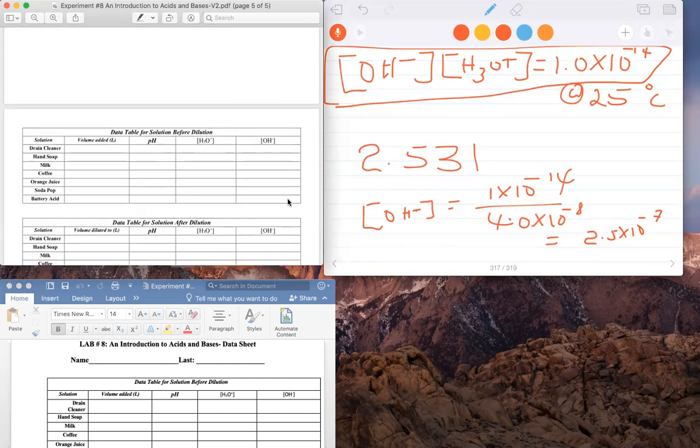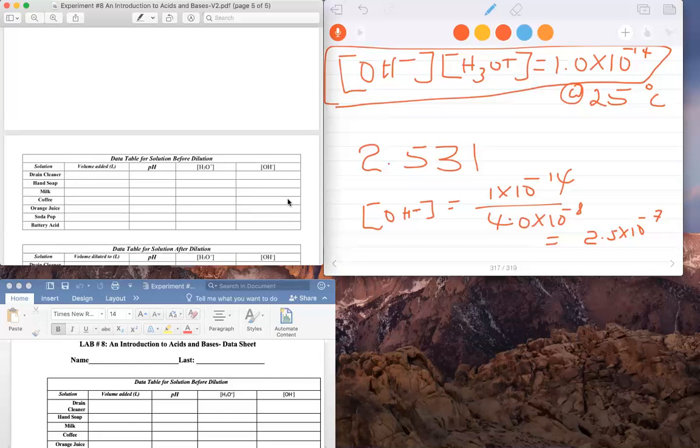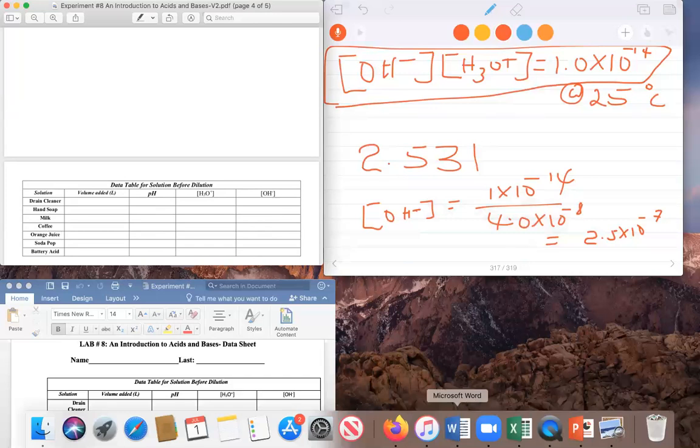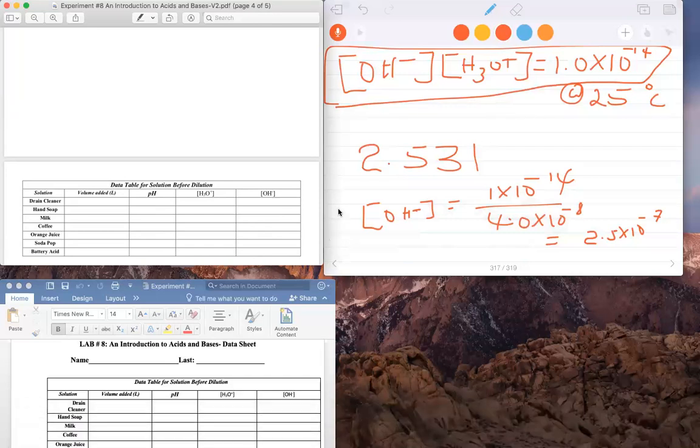You can attach any extra sheet of paper to show your work, all right? All you'll be working with is the only substances you have here. That's all you need to worry about.